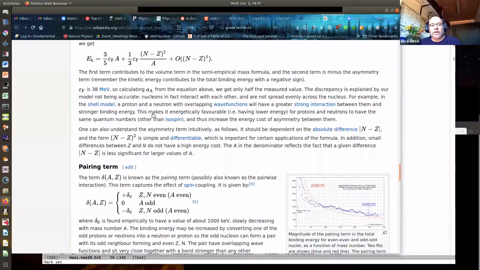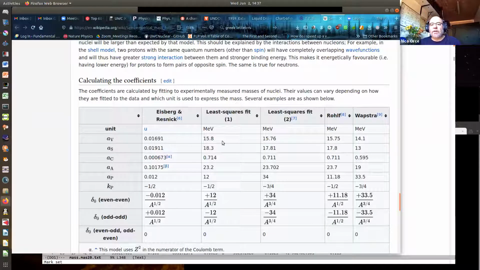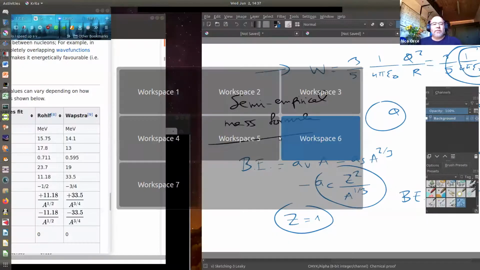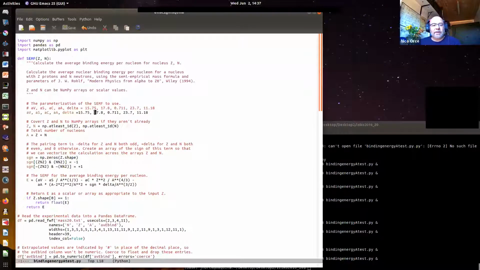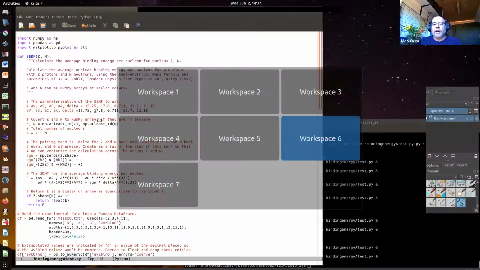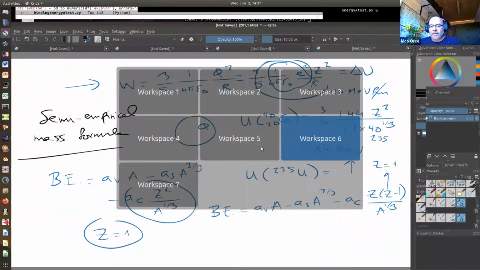Here we go. See, they're different depending on the book. Eisberg and Resnick is a beautiful book for quantum mechanics, and you have different coefficients there. Here we go, 15.76 sounds quite familiar. 17.8 compared to 17.81.